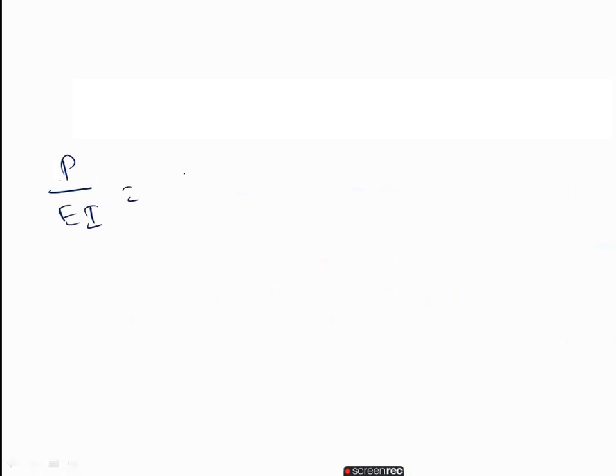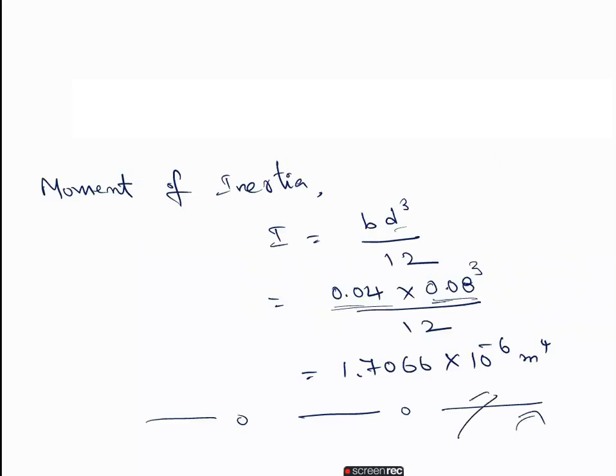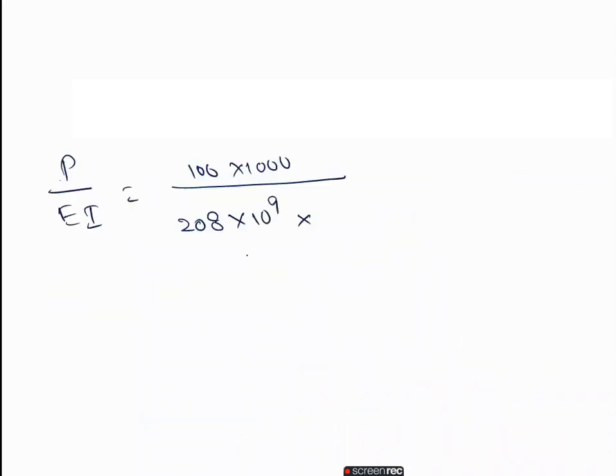P is the axial thrust, that is 100 into 1000. E is Young's modulus, we know already, that is 208 into 10 power 9. I is the moment of inertia, we calculated here as 1.7066 into 10 power minus 6. I will substitute here.